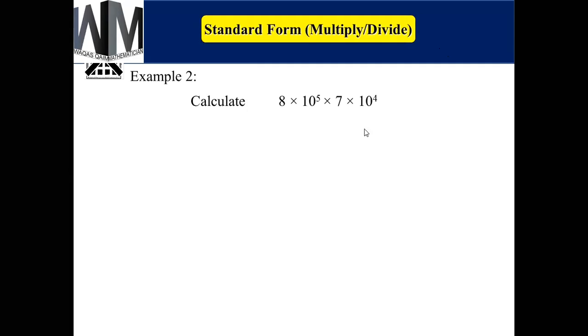Right, Yasin, right, Saad. Okay, so this becomes 56 into 10 raised to 9.